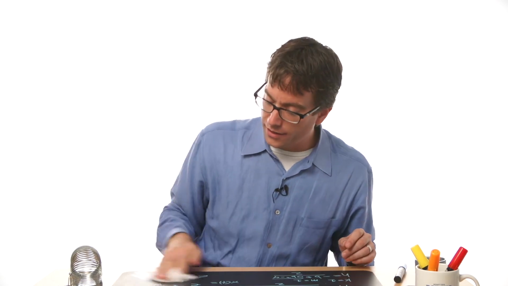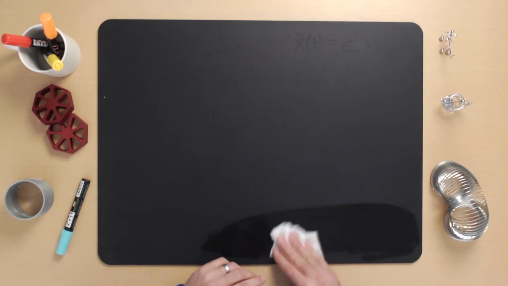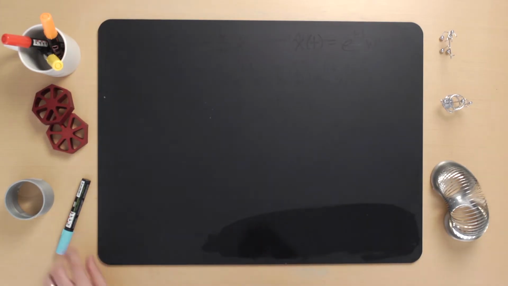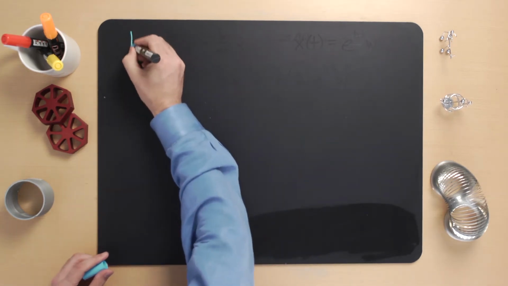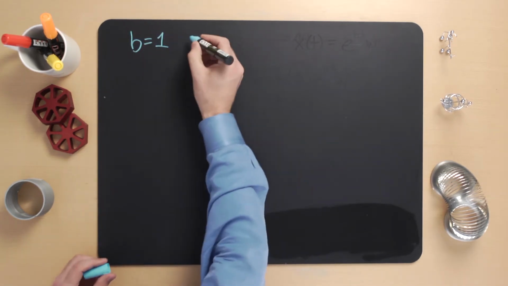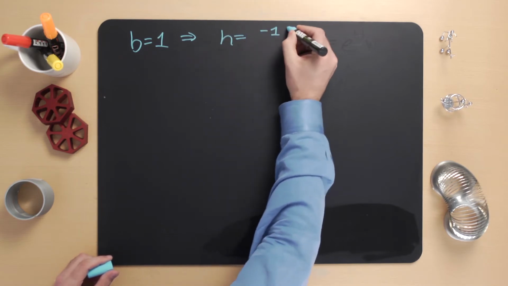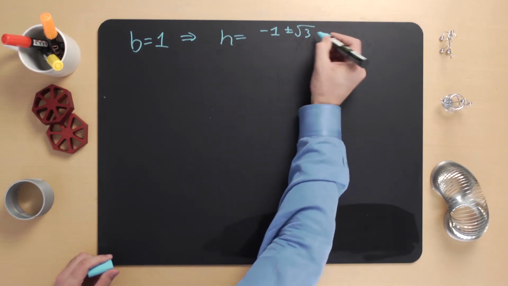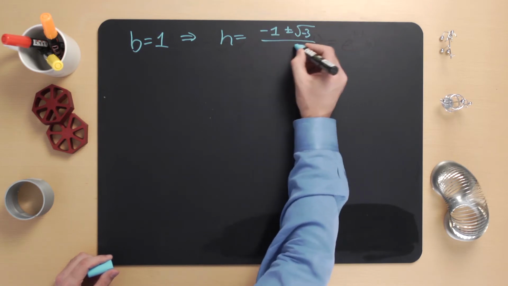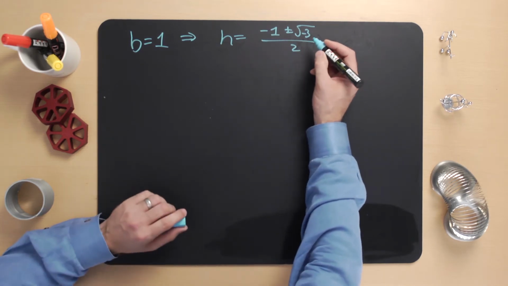If I instead choose b equal to 1, then I'll get a different type of solution. What we'll see is b equal to 1 implies that h is equal to minus 1 plus or minus the square root of negative 3, all over 2.